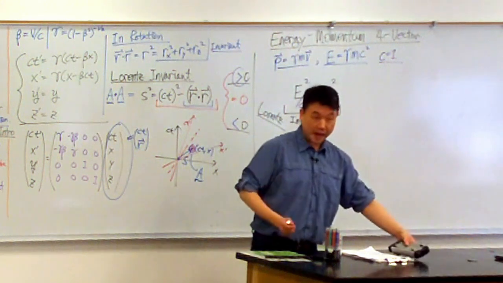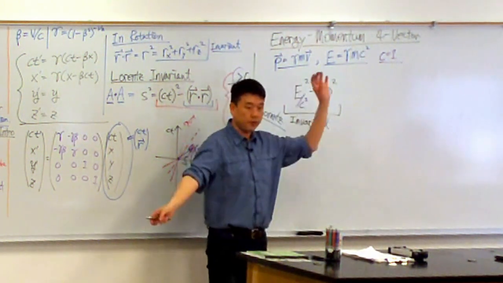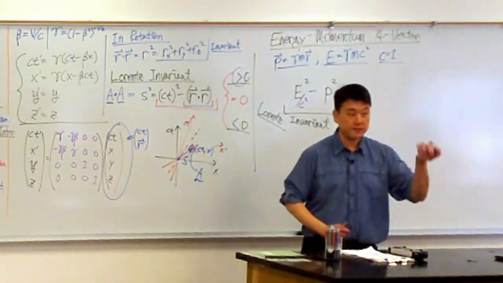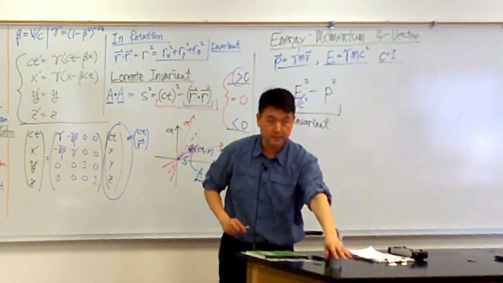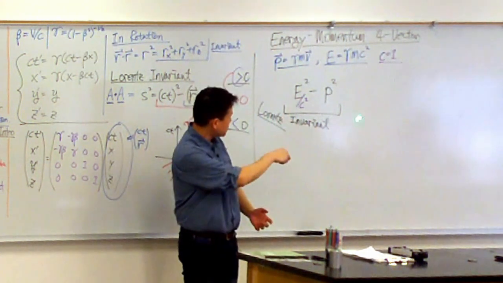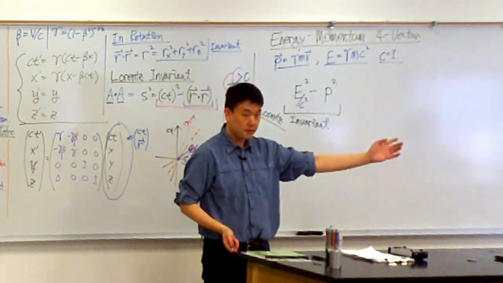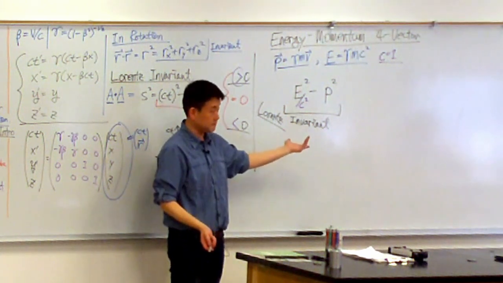So what I am claiming is that if you write this in any two different reference frames, maybe I'm talking about this 1 kilogram mass, and you could write this in the reference frame where it's at rest, not moving. And if you write this exact same expression in the reference frame where it's moving at half the speed of light, somehow this combination should work out to be the same thing.